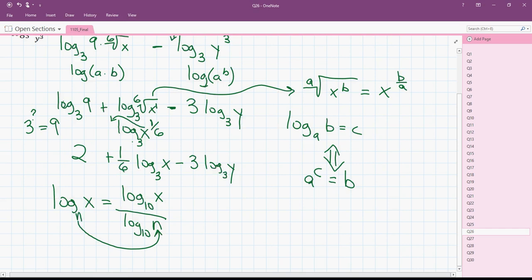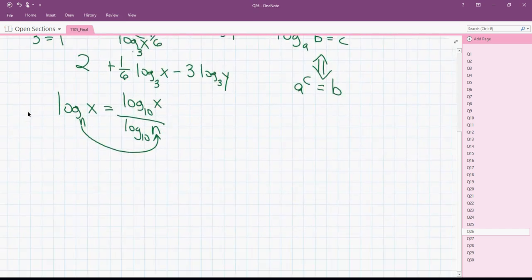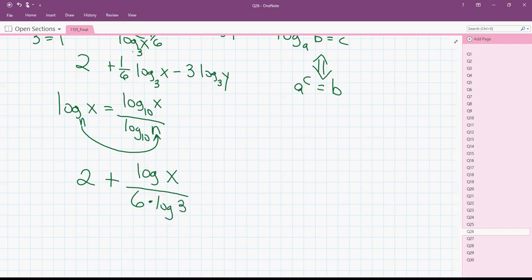So as a final step, we would rewrite this as 2 plus log of x over 6 times log of 3 minus 3 log y over log 3.